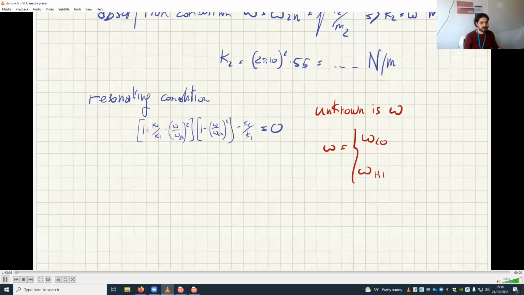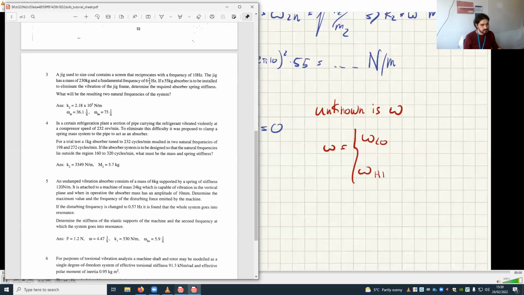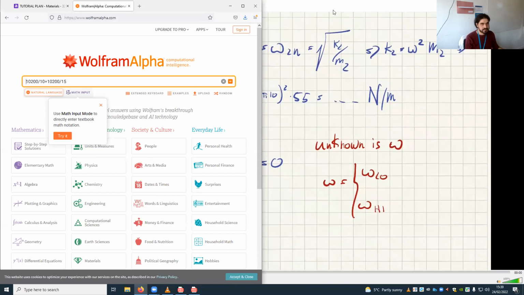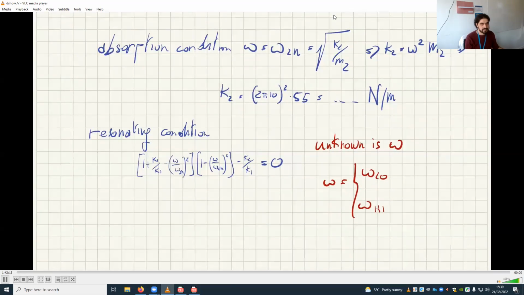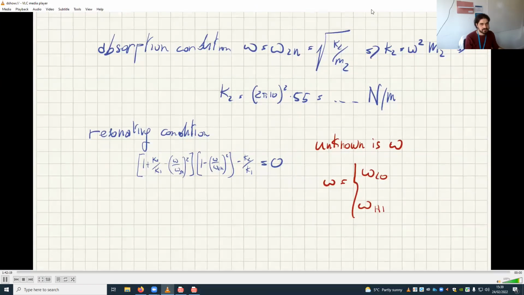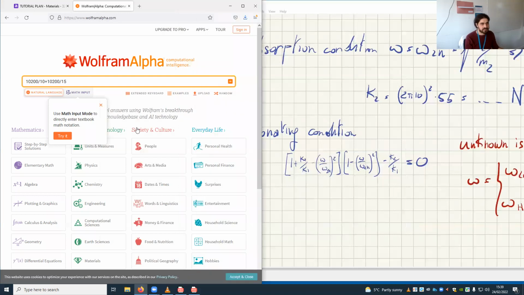So let's solve this with Wolfram Alpha, because why not? And let me copy this thing. Oh, come on. There you go.